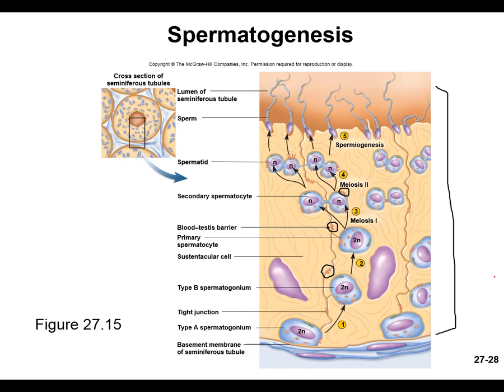If you talk about the numbers, a normal sperm count is 50 to 120 million sperm per milliliter. If someone has 20 to 25 million sperm per milliliter, that's considered to be infertile. So, a great deal of numbers.